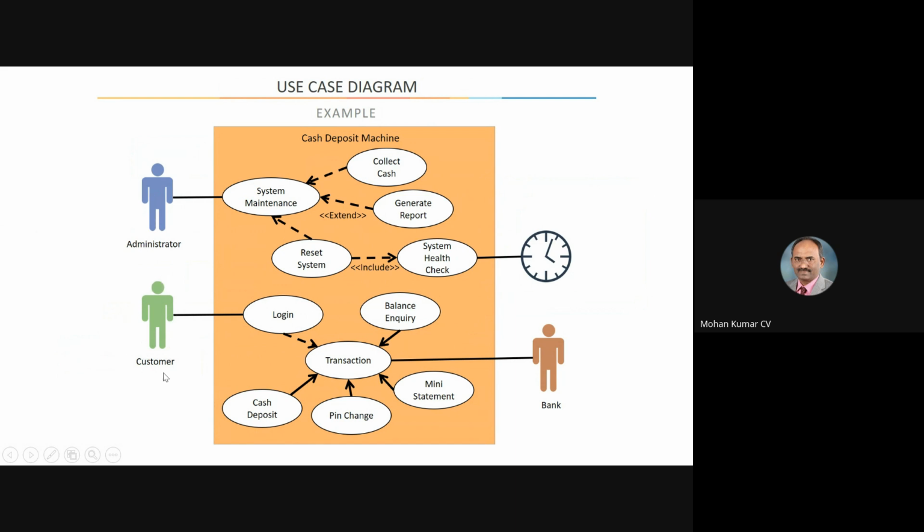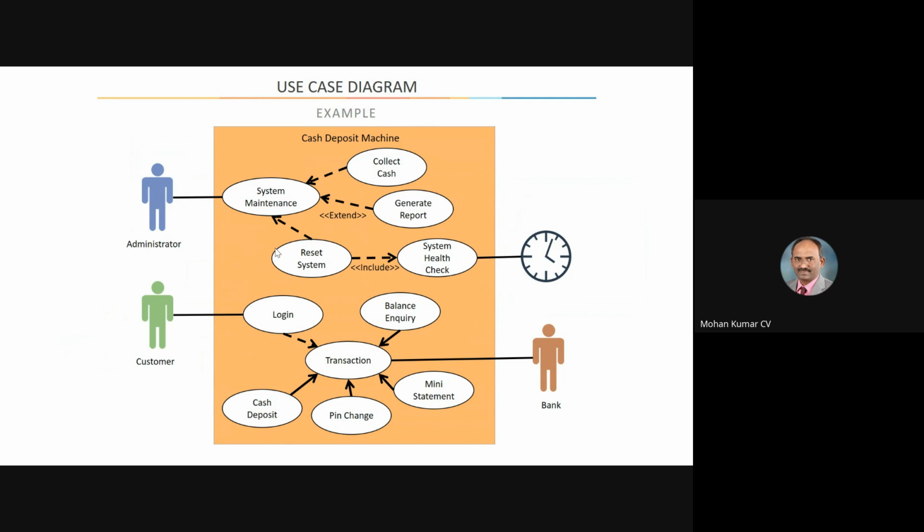So the customer is an actor here, the administrator is an actor here. Understood, Ify? Yes. This is very important. A business analyst should know how to draw a use case diagram.